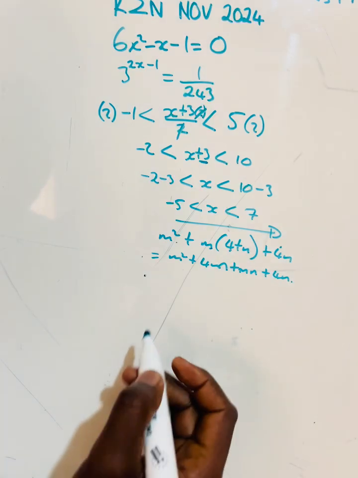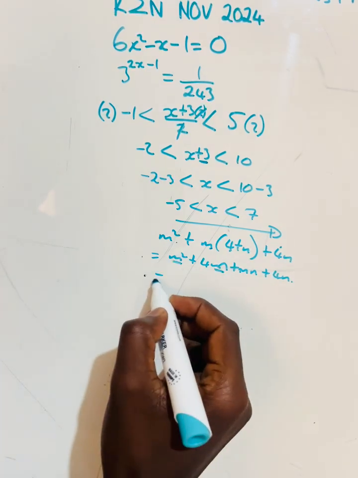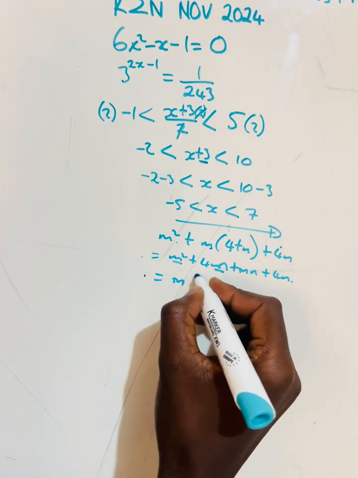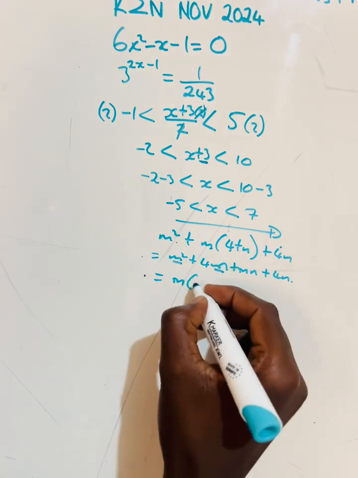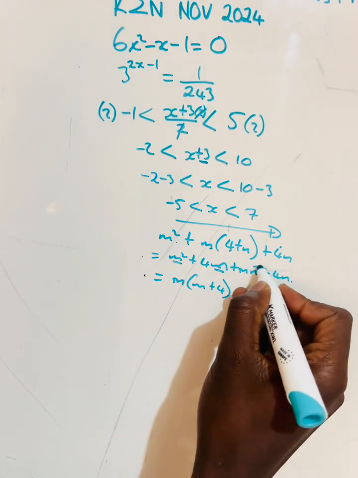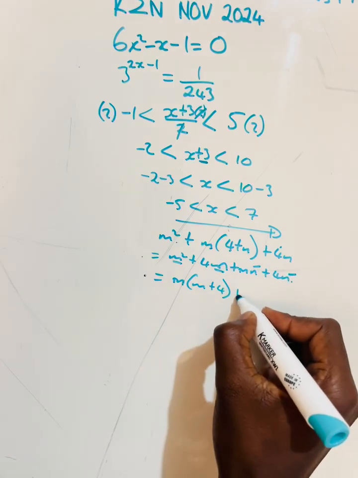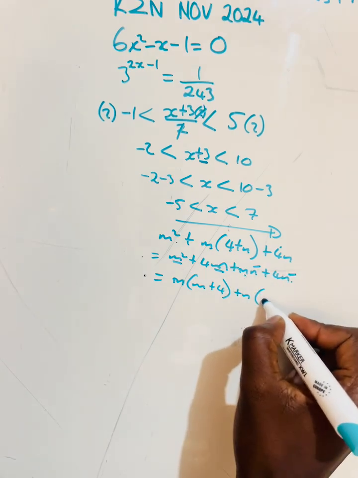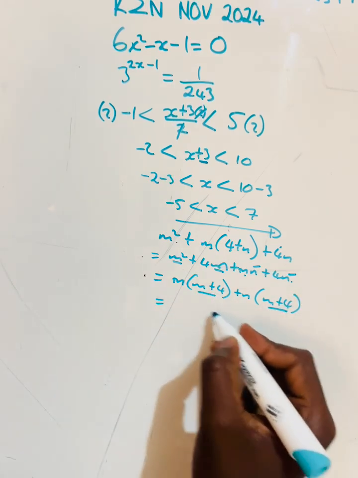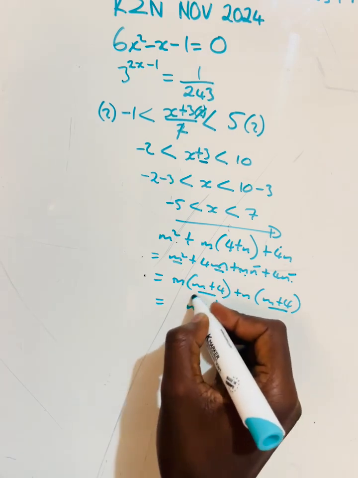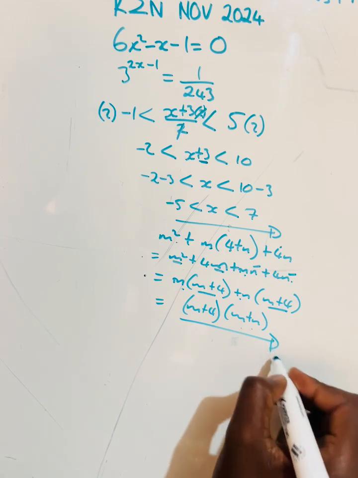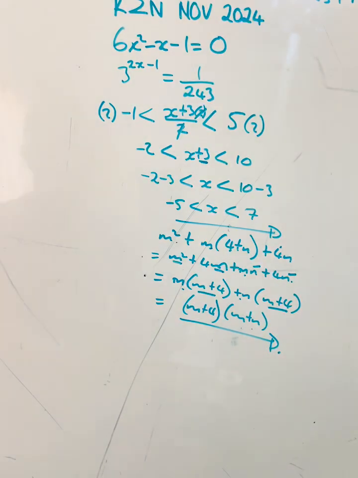Then from there, observe, I have m in these two, so m is a common factor, so we factor out m, then we're left with m plus 4, and then we've got n here and n there, so we factor out n, then we're left with m plus 4. Observe the brackets there are identical, so we write m plus 4 first, then we take m plus n second. We're done factorizing, right?